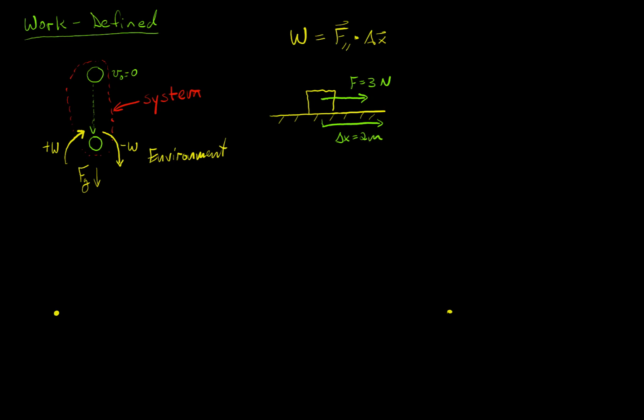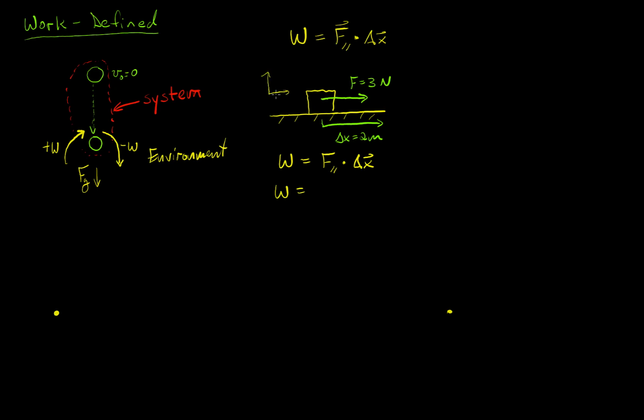Okay, so now we can calculate the work done. The work in this case is going to be the parallel force, we'll talk about what that means in just a minute, times the displacement. In this case, the force is parallel to the displacement. It's in the same direction, so it's like one-dimensional. We have x and y.